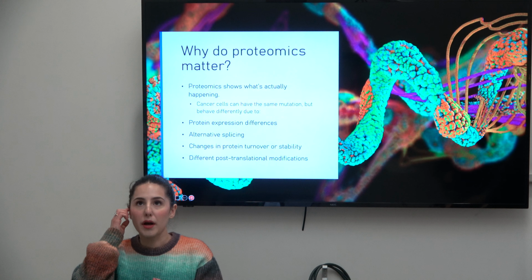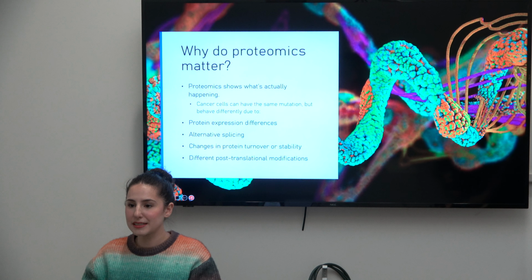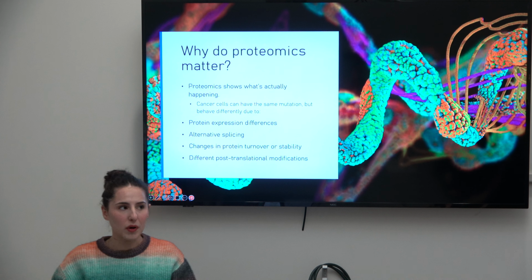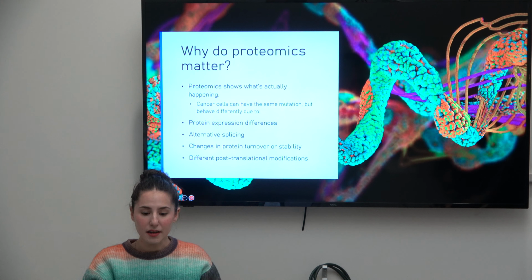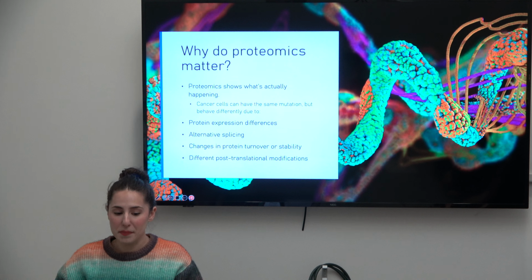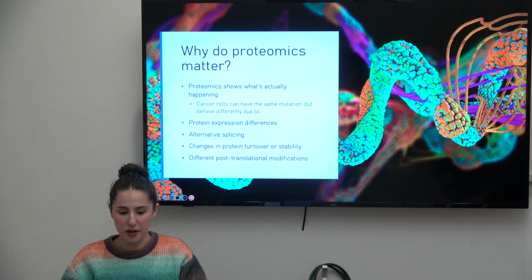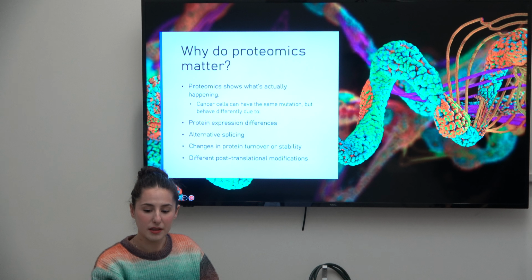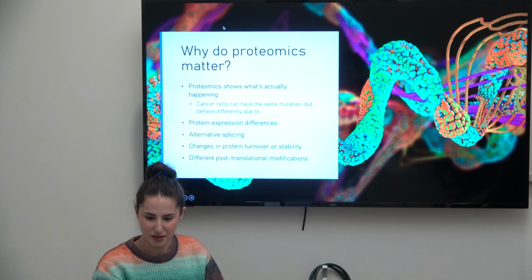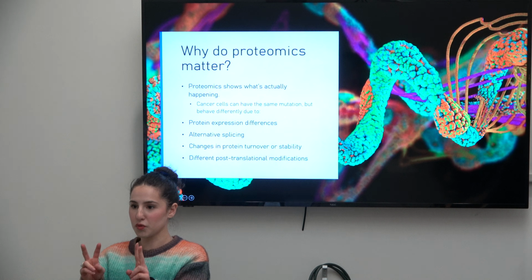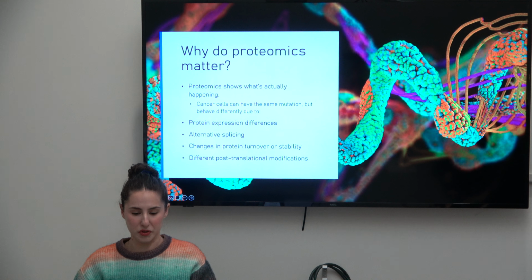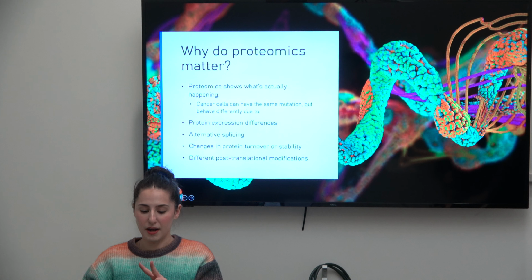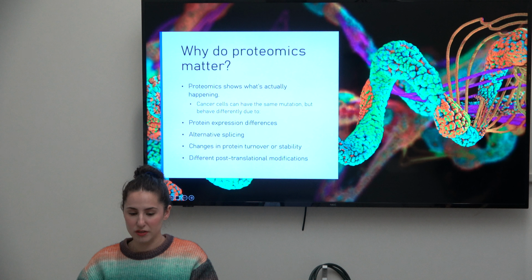And this is why looking at proteins is essential, because it tells you what is actually happening, whereas looking at DNA and genomic data tells you what could happen, or what might happen, or what a cell is wired to do. Let's take, for example, 2 identical tumors, or 2 identical mutations, okay? These tumors can have identical mutations.